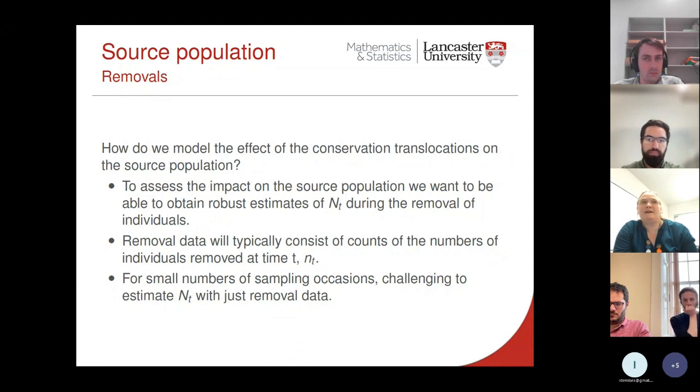As I mentioned before, detection probability can be quite low. Removals for translocations are typically done over a small number of sampling periods. For the lesser night gecko, they were all done over 3 days. And it can be really challenging to estimate N just from removal data, especially if the number of removal periods is small.